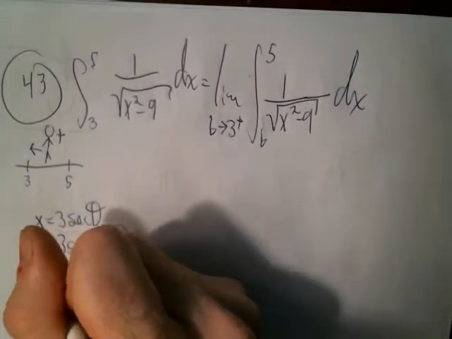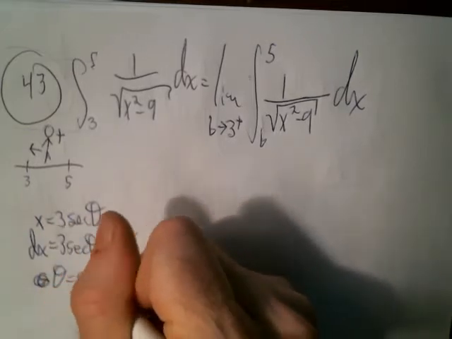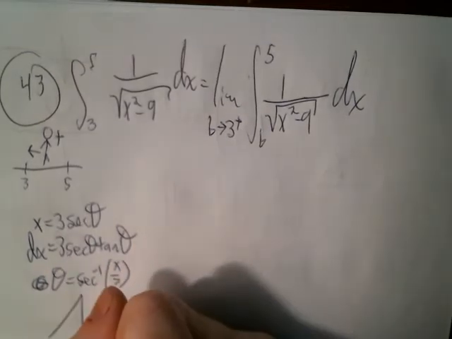Get your triangle, so secant theta equals x over 3, so theta equals secant inverse of x over 3. Do your triangle.